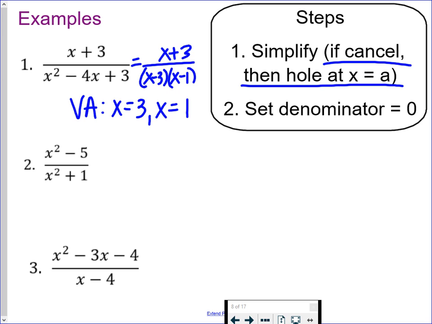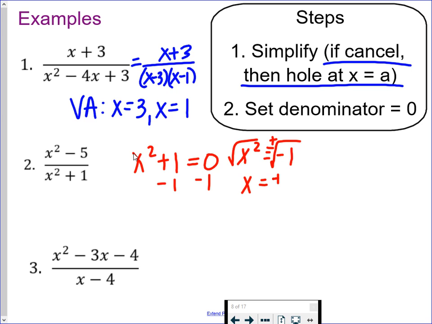Okay, so number 2 probably set up a red flag, at least hopefully you set it up. If I subtract 1, I get x squared equals -1. I take the square root of both sides. What's the square root of -1? i.